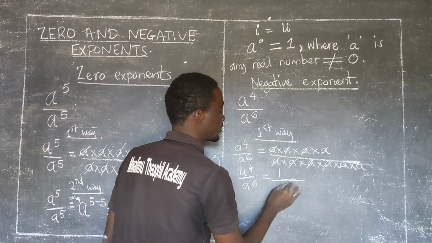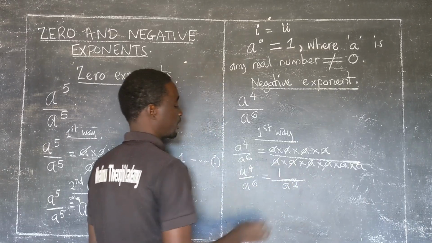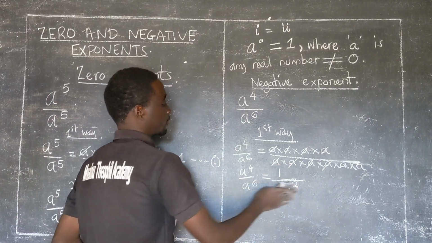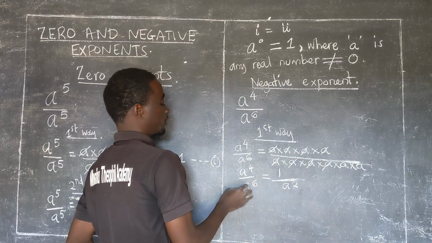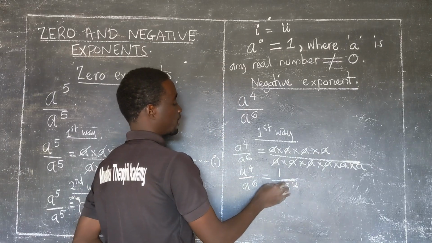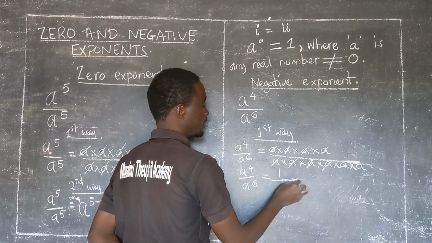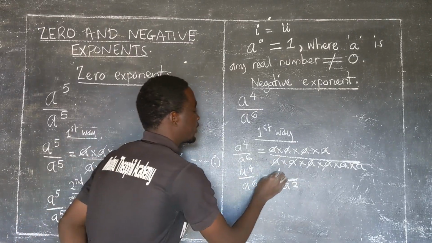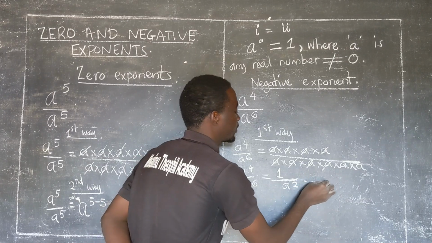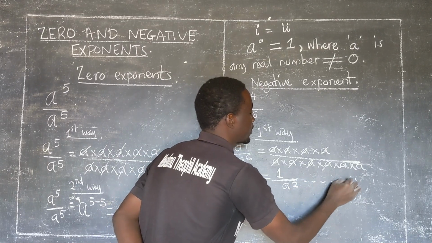A times a is a squared. Now our answer is a raised to 4 divided by a raised to 6 is equal to 1 divided by a raised to 2. This is the answer. Take this as equation 1.